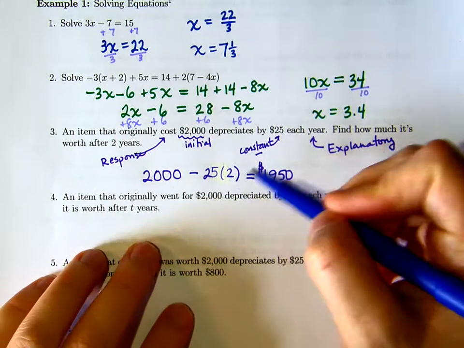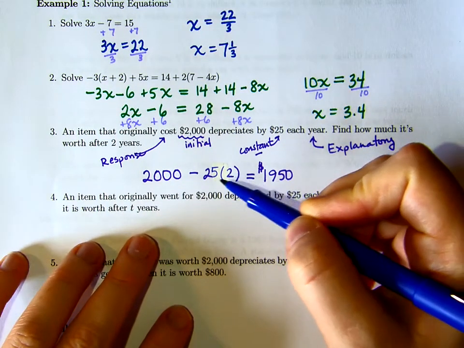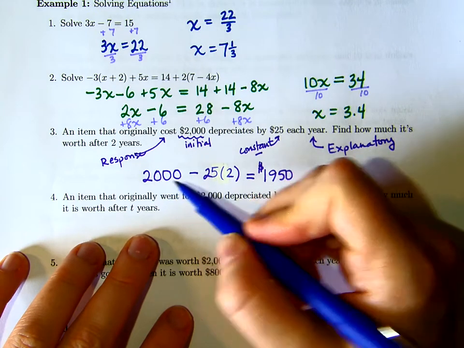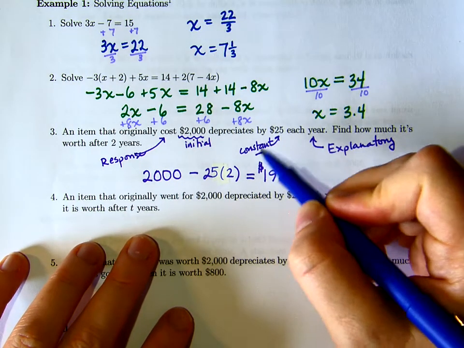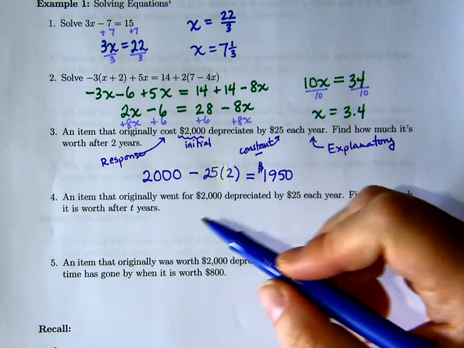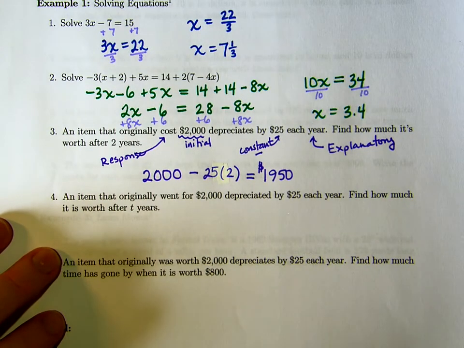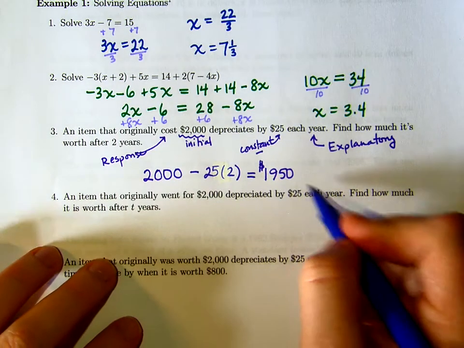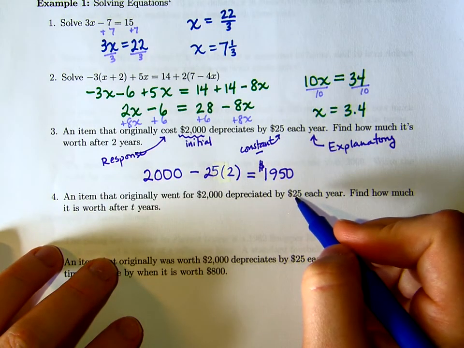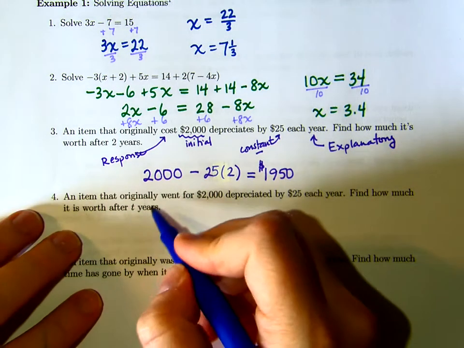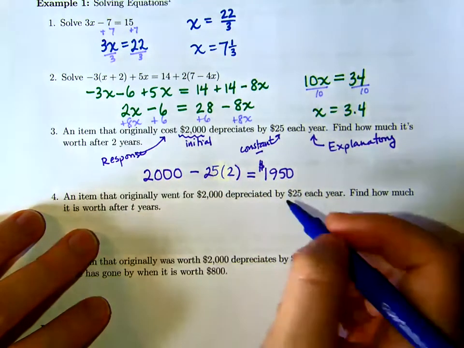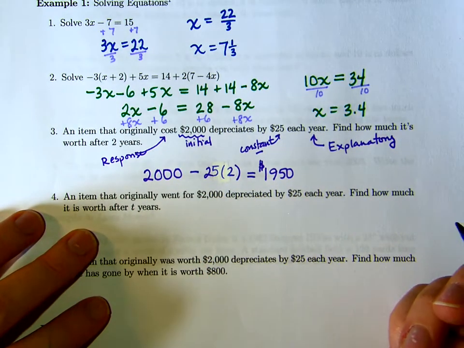Well, here's where that 2 was. And remember, if it's a constant rate, a constant subtraction or addition, remember our linear equations had this constant add or subtract each time. So here, let's call it worth.